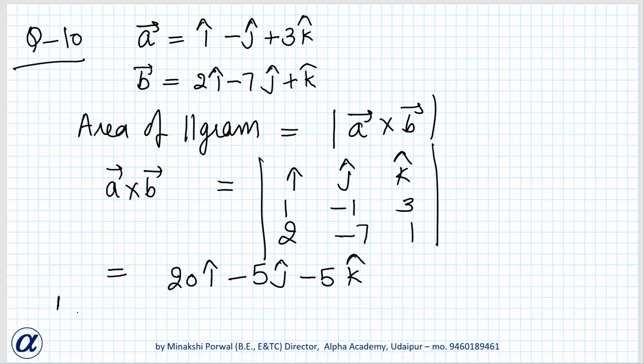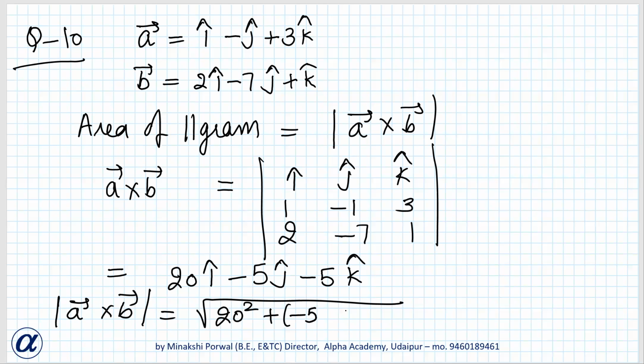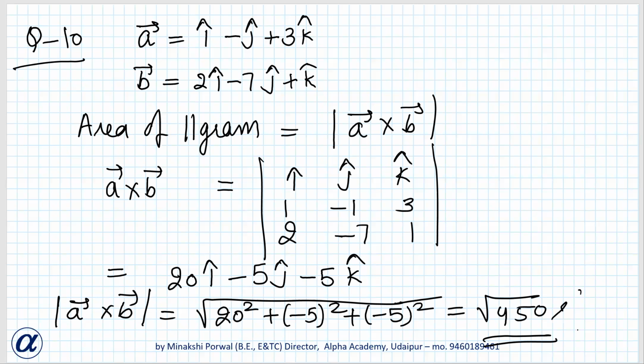So the magnitude of A cross B is equal to under root of 20 square plus minus 5 square plus minus 5 square. So 25 plus 25 plus 400, under root 450. So the answer is under root 450 square units. This is the answer.